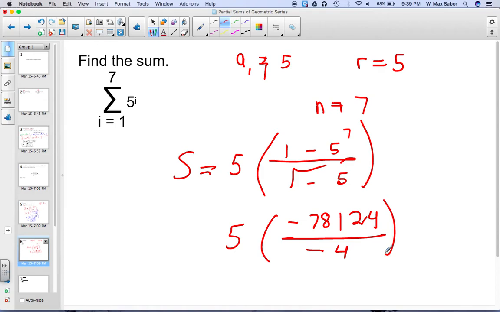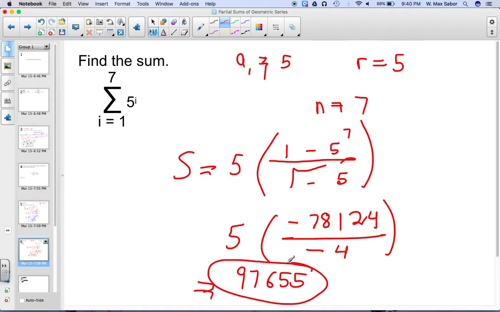So divide that by negative 4 and multiply by 5, and I'm going to get that that is equal to 97,655. If you don't believe me, add 5 plus 25 plus 125, etc., up to 5 to the 7th.